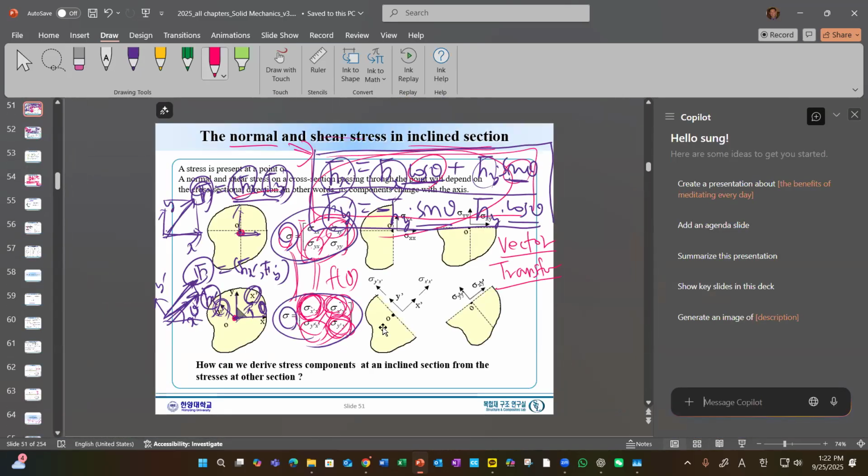Here, we are much familiar with this force transformation. We have a force, and now x prime and x. What is x prime? This is the x prime, and the original x is this one.